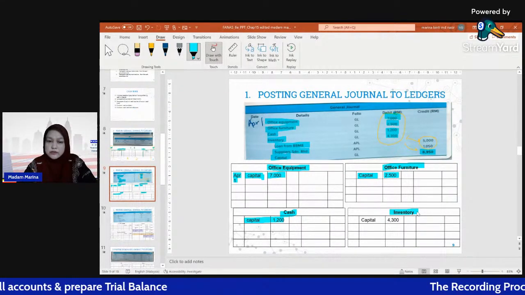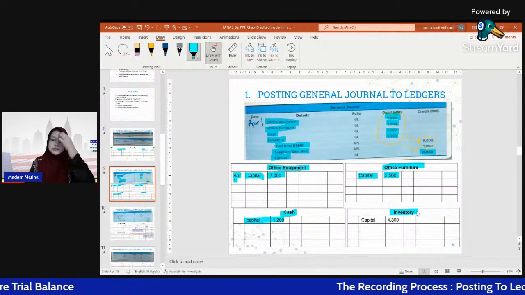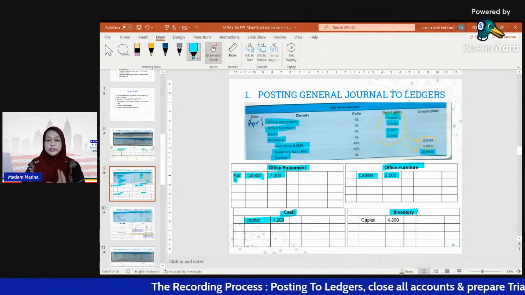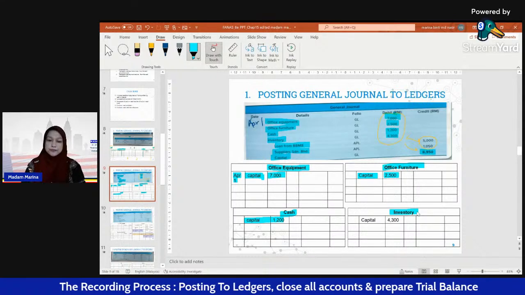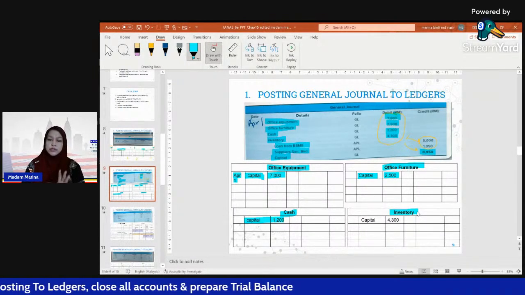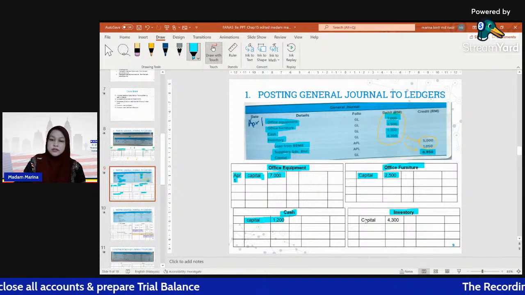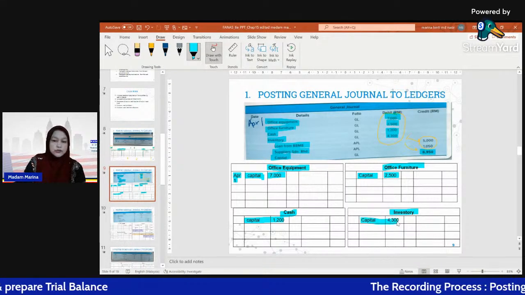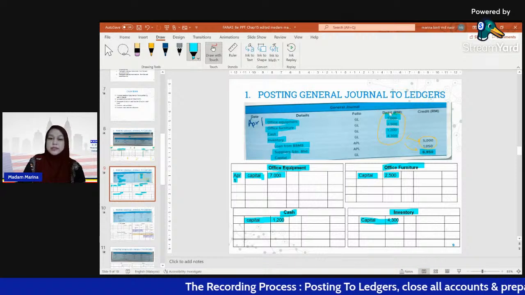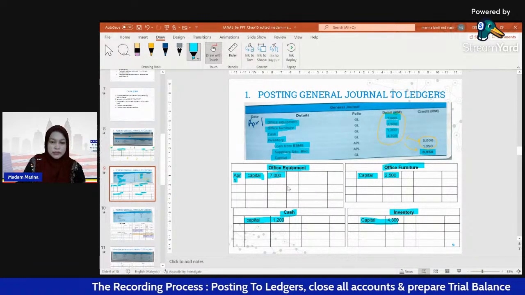No more inventory account in the next transaction. Okay, only for the beginning when we want to record this opening entry or this transaction, we recorded in inventory account. So this transaction also we post in debit side. Okay, when the general debit, in the ledger also debit.